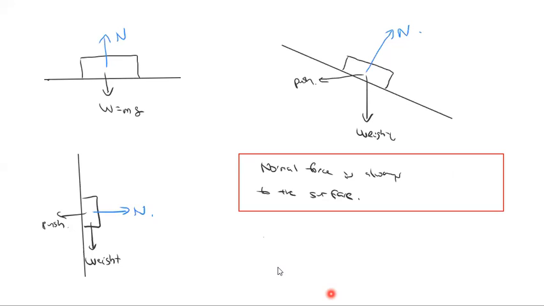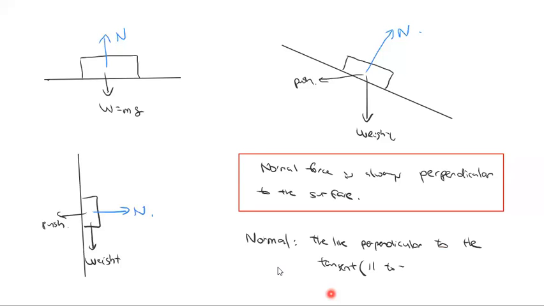And you might not know this actually, but do you know what normal is in science and maths? You might not have come across this yet, but basically the normal is the line perpendicular to the tangent, which must therefore be parallel to the surface.